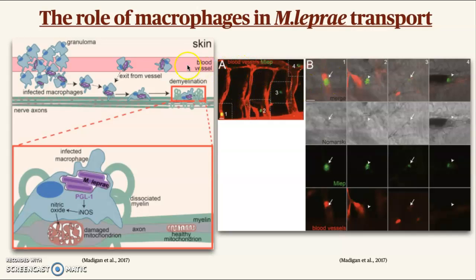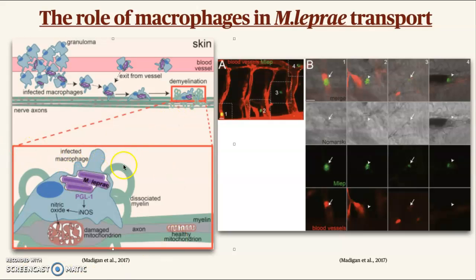And so if we look back here on the left, these blood vessels would carry these infected macrophages out to peripheral tissues where the macrophages would patrol the axons and then eventually slow, presumably because they are infected, and end up stationary on the axon. When they were stationary, they began to demyelinate the axon.